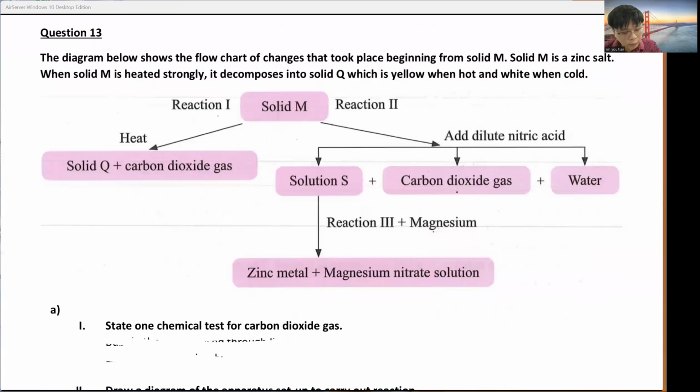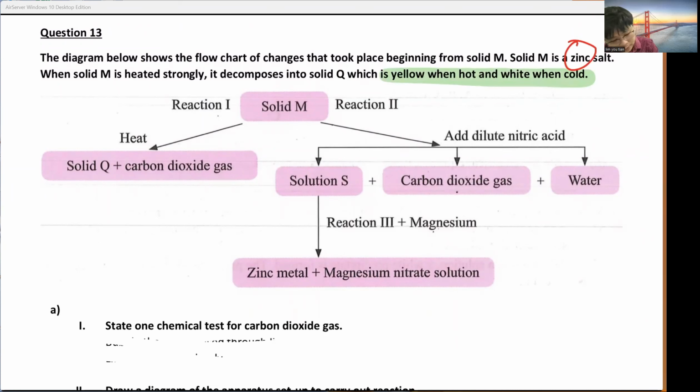The more questions we do, the better. Okay, so now this is an unknown. No, not unknown. It's given already. It's given zinc. Well, this question is quite good, I really tell you it's zinc already. Very happy. Can you tell me who this is? Do you remember the special color, yellow when hot, white when cold?